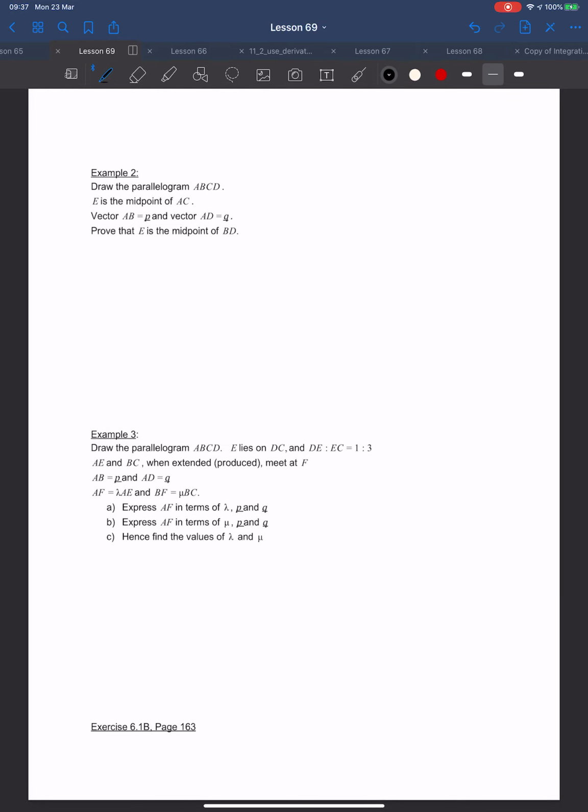Right, example 2. ABCD is a parallelogram, so let's draw that in.